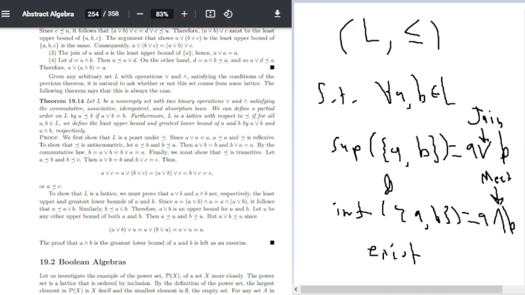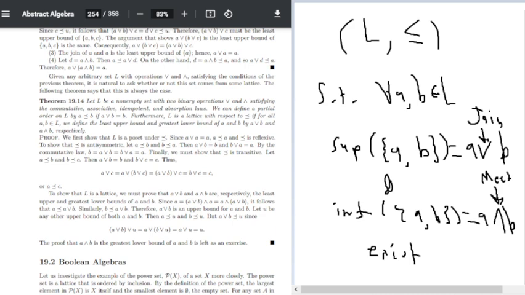We can define a partial order on L by A is less than or equal to B if A join B is equal to B. Then L is a lattice with respect to less than or equal to, if for all A and B in L we define the least upper bound and greatest lower bound of A and B by A join B and A meet B respectively. Proof. We first show that L is a poset under this new operation less than or equal to.